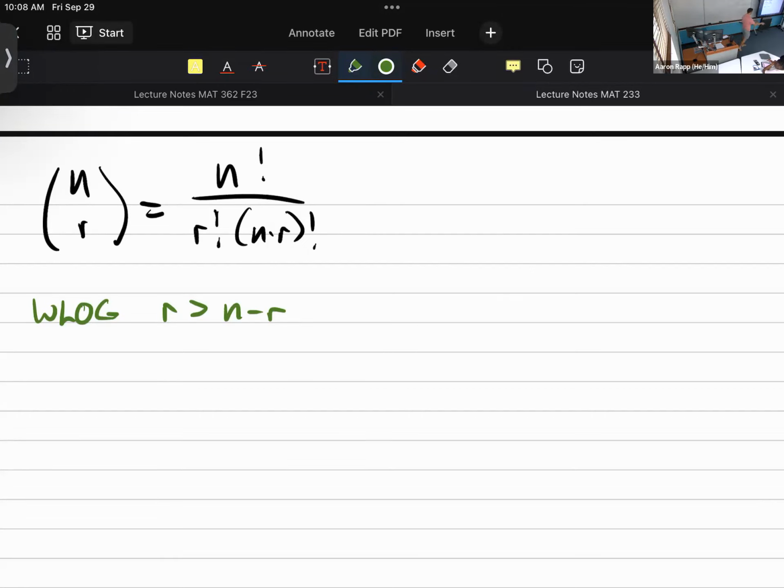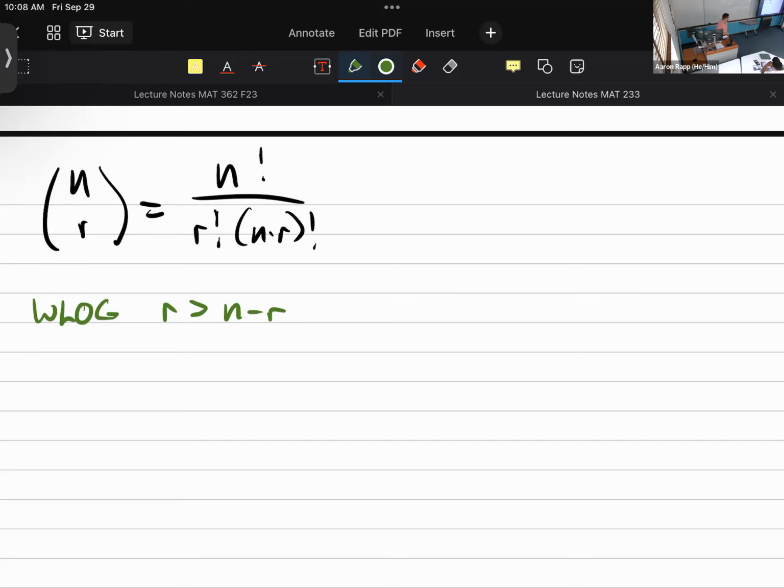This decision process is going to follow exactly the same, even if n minus r was the larger of the two numbers. So instead of having to repeat myself twice, understand this is just one assumption, but it's going to be symmetric otherwise, without loss of generality.